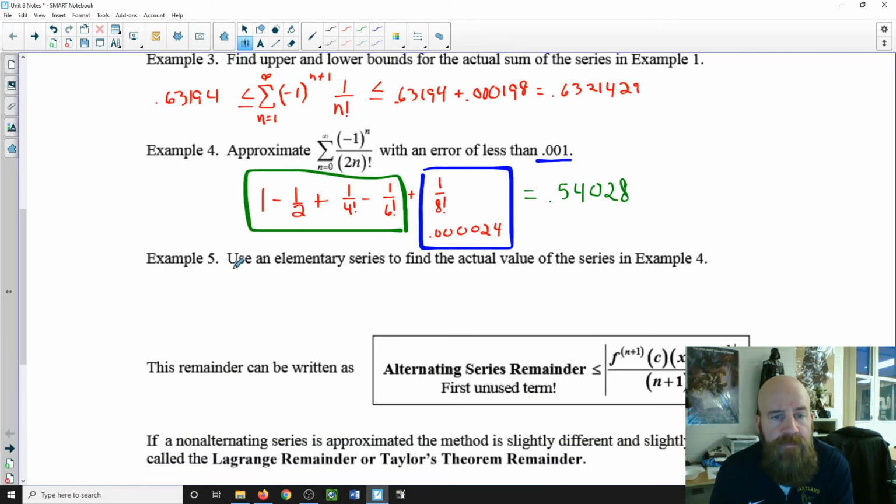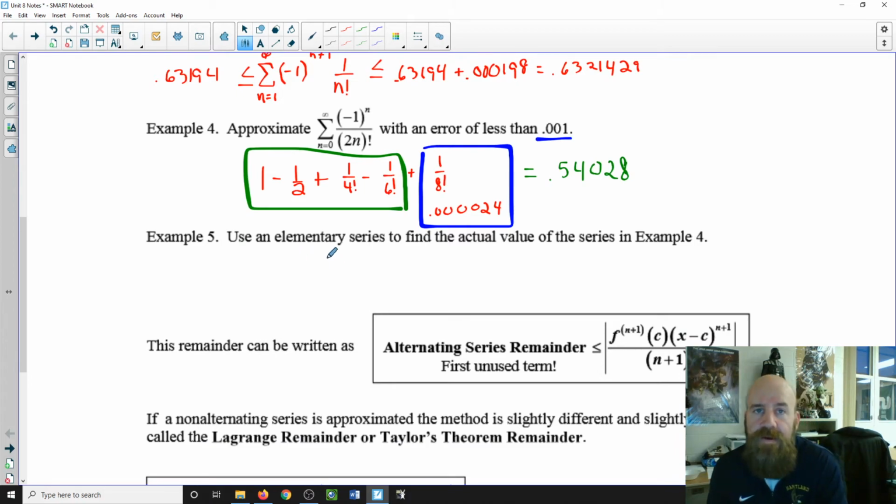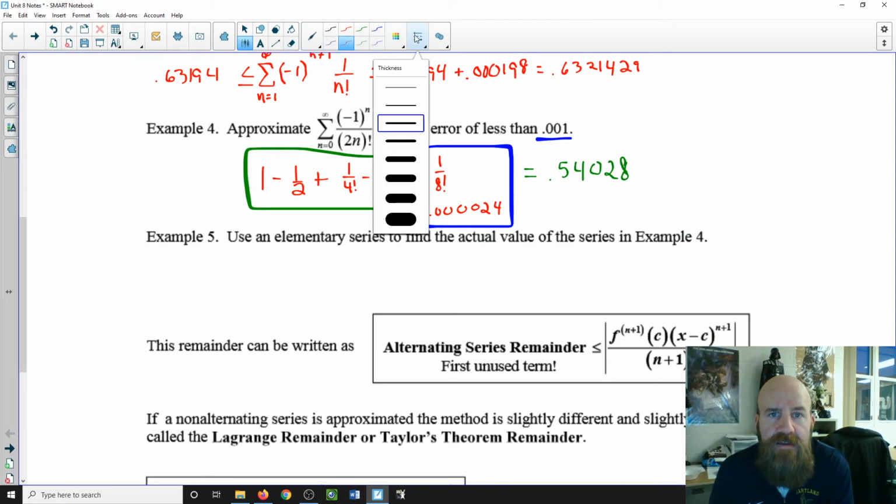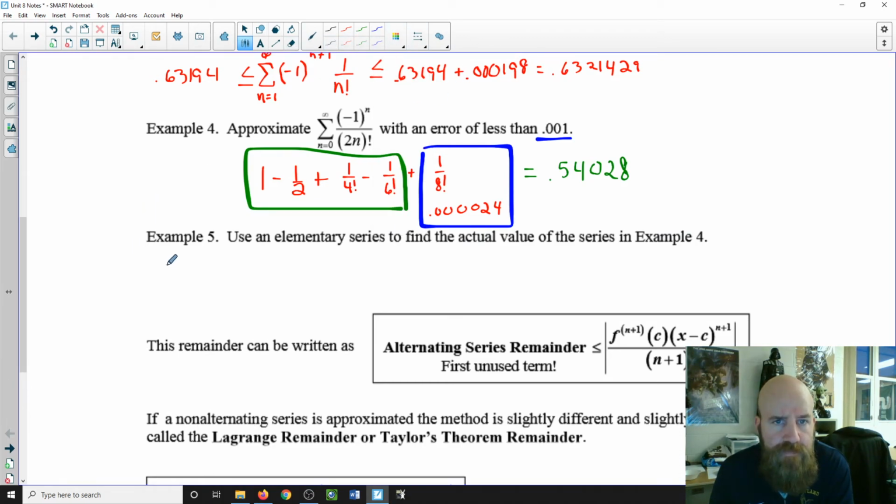All right. Last one for this video, and then I'll make another one. So use the elementary series to find the actual value of the series in example 4. So if we look back at example 4, we need to find what this series is equivalent to.